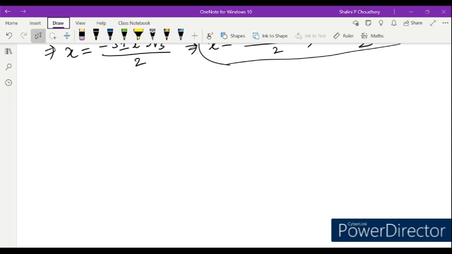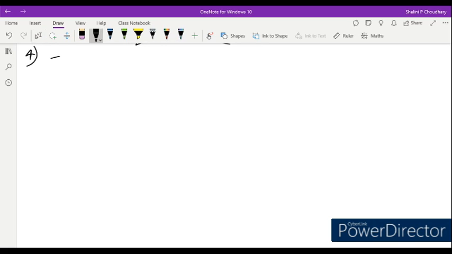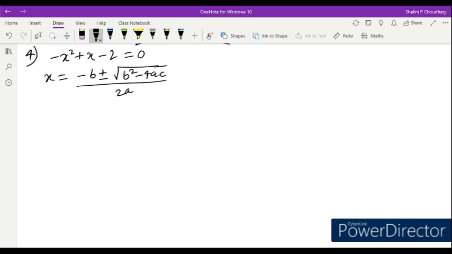Now we'll do the next question, that is question number 4. Minus x square plus x minus 2 is equal to 0. So x के two roots क्या होंगे? Minus b plus minus square root of b square minus 4ac divided by 2a, and a is equal to minus 1, b is equal to 1 and c is equal to minus 2. Okay, so now we'll put the value of a, b, c in this one.